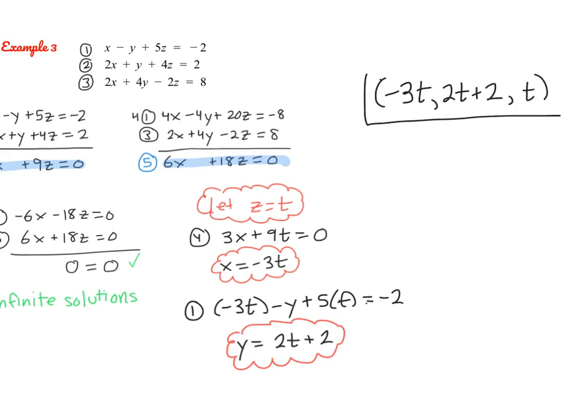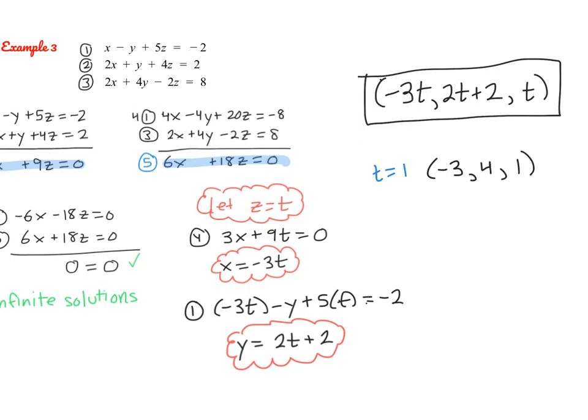So again, the whole purpose of creating this type of answer is, since there's an infinite number of solutions, if you have something like this, you can plug in any number for t and it will give you one of the solutions. So for example, if we use t equals 1, then we have the coordinate negative 3, 4, 1.